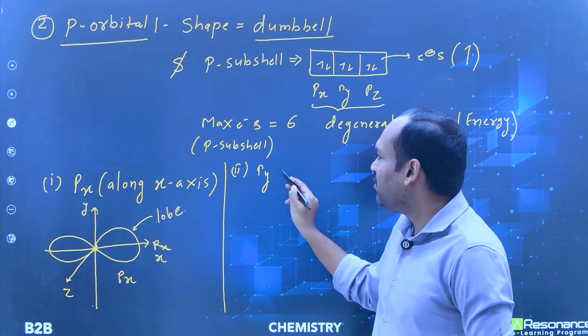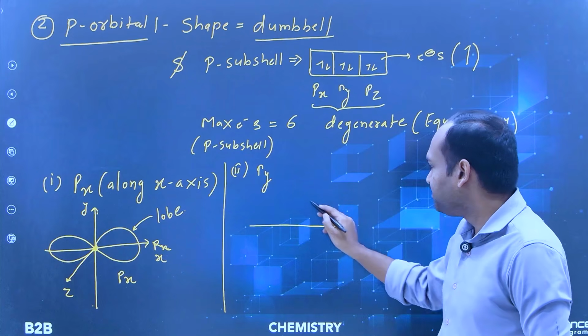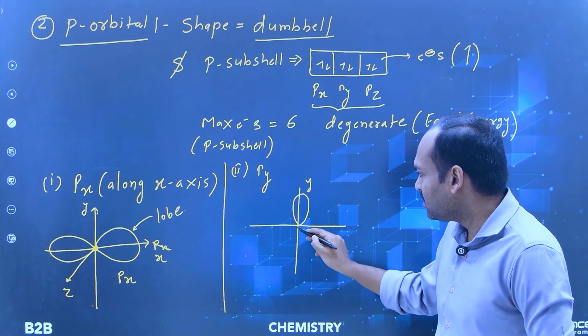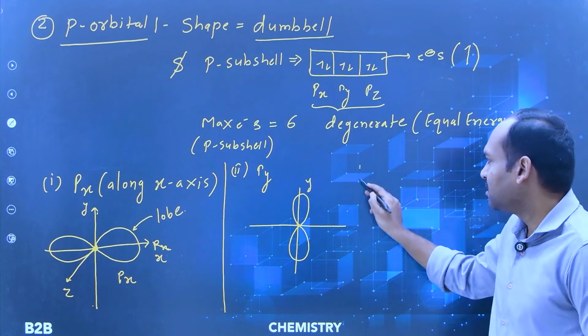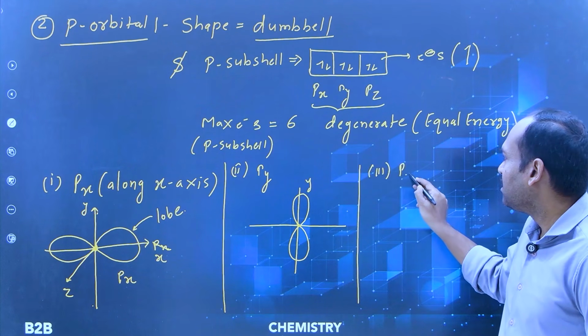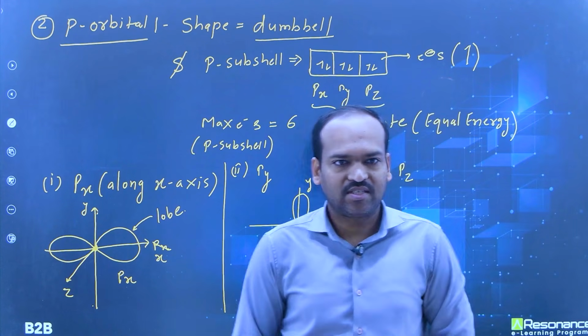Now py: if it is py, then this is the y-axis, so we'll draw like this. Then pz, which means along the z-axis.